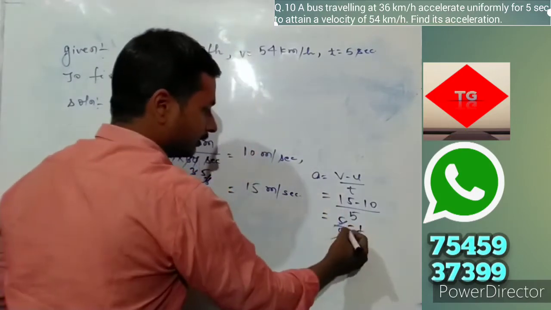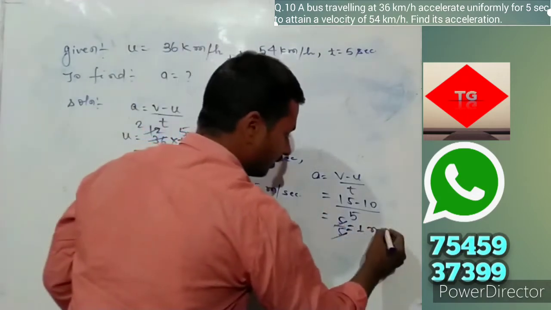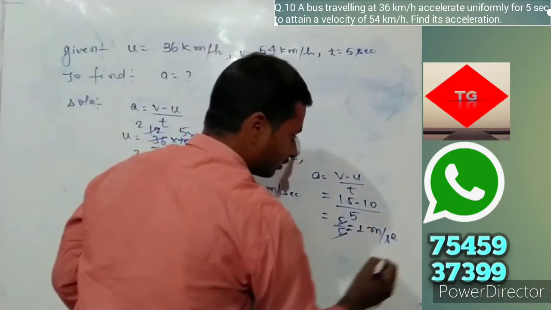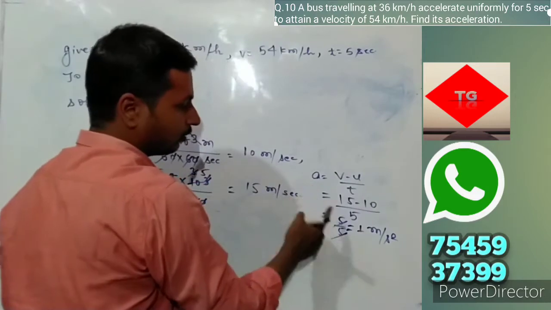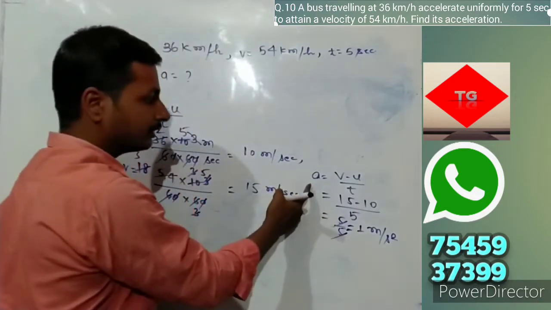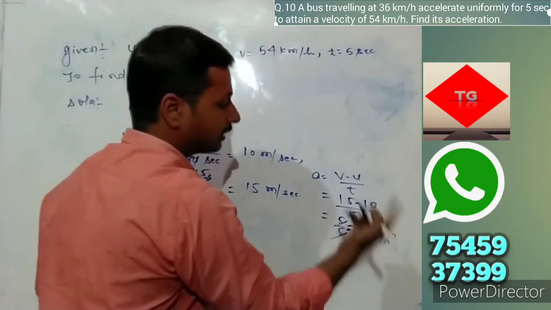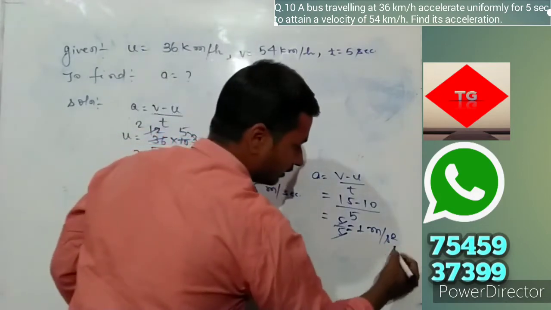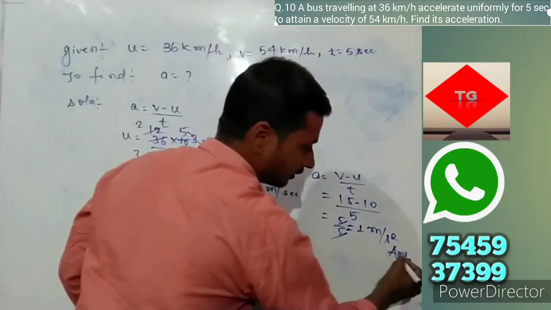Then 1 meter per second square. The SI unit of acceleration: acceleration is 1 meter per second square. And this is the complete answer.